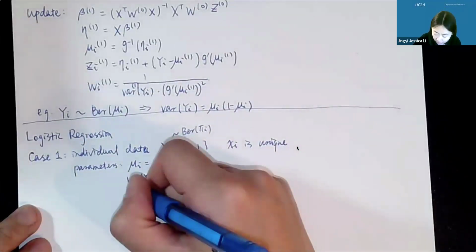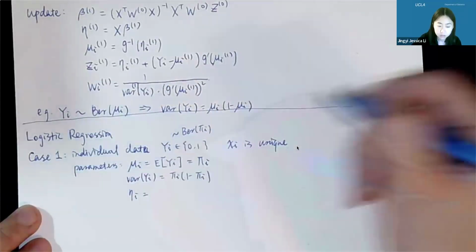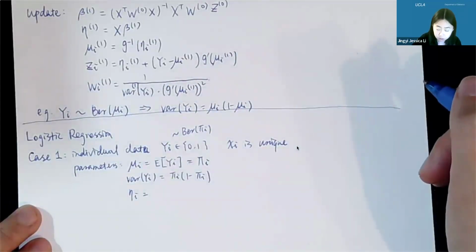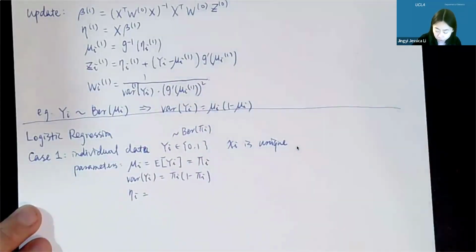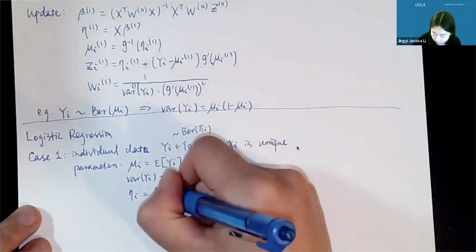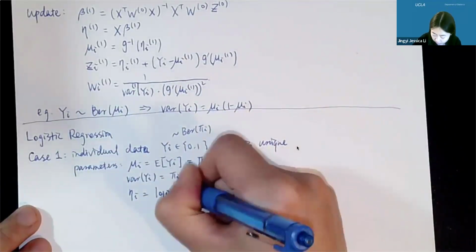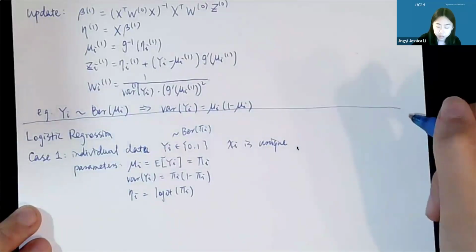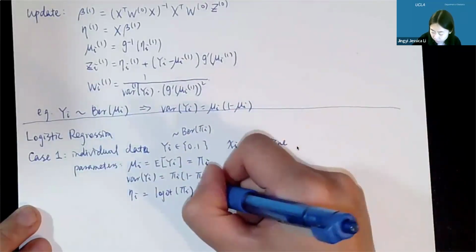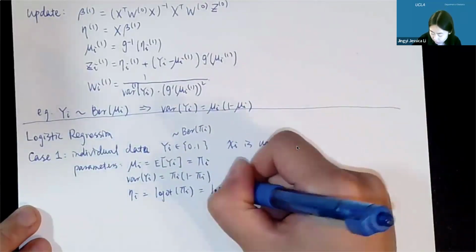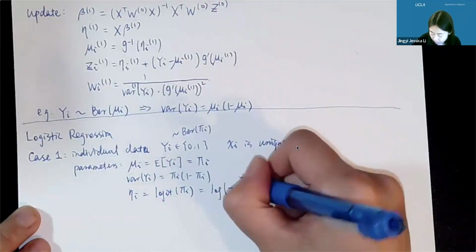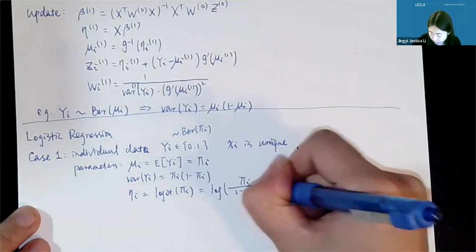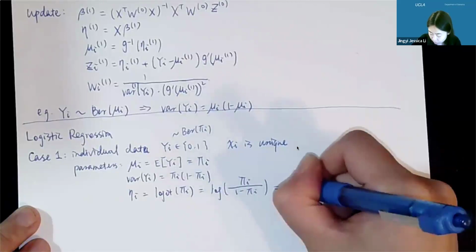And then eta i, which is the linear predictor, takes the g function, it's the logit of pi i. And we know that the definition of the logit function is the log of pi i over 1 minus pi i. And we call this the g function of pi i.